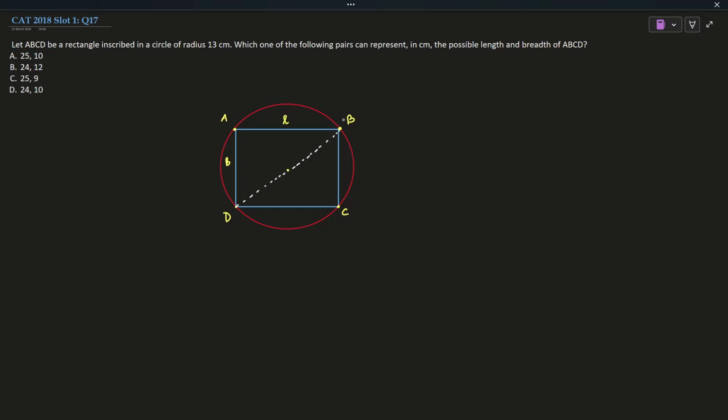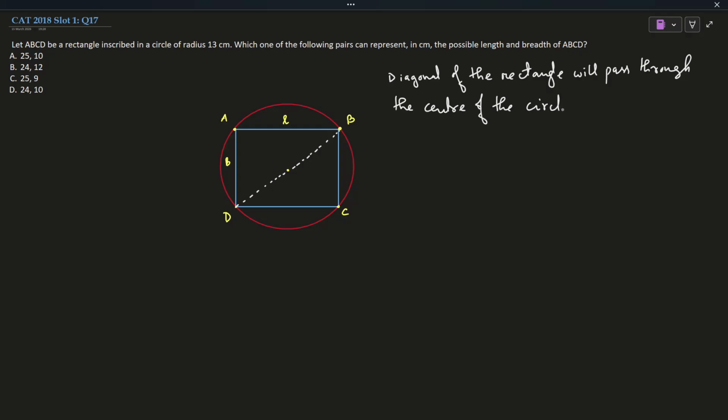Now you can ask me why, right? Diagonal of the rectangle will pass through the center of the circle. Okay, now I will explain why this happens.